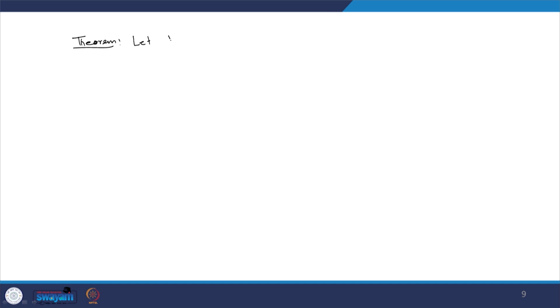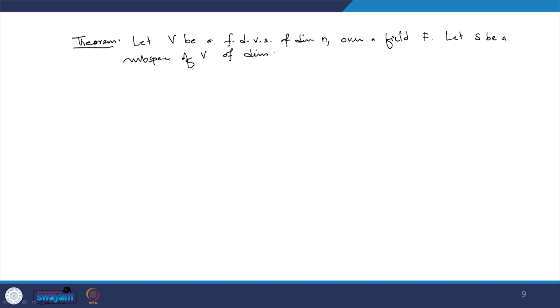Let V be a finite dimensional vector space of dimension n over a field capital F. Let S be a subspace of V of dimension k.